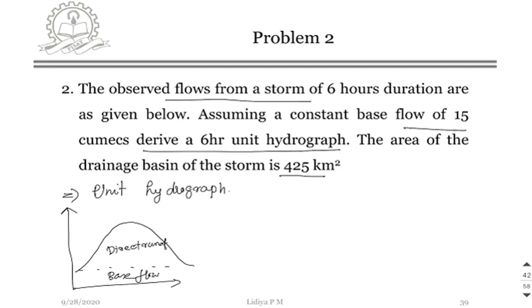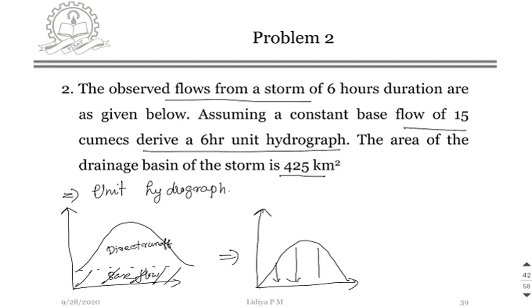First you deduct the base flow. So what will you get? You will get the direct runoff hydrograph. These are the ordinates, O1, O2, ON, etc., representing the ordinates of the direct runoff hydrograph.